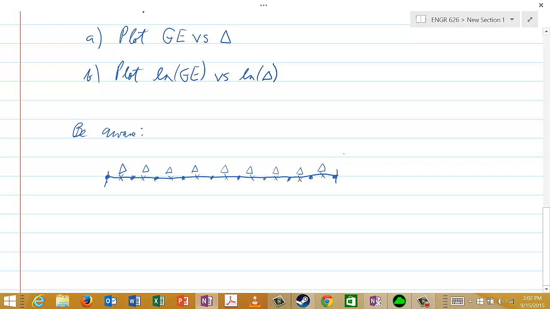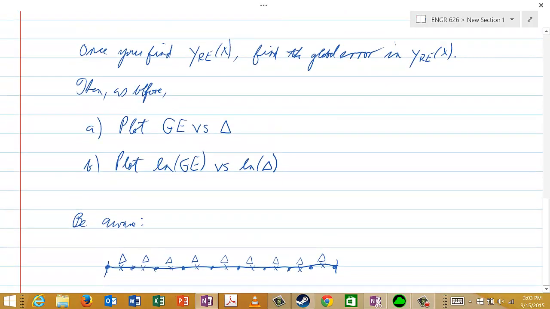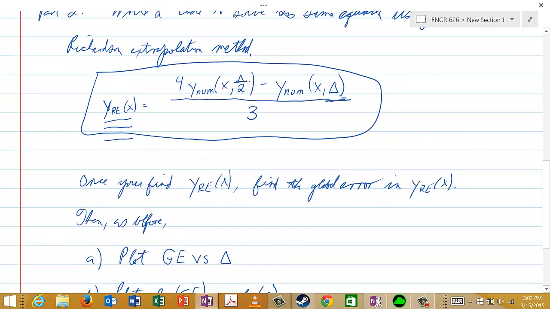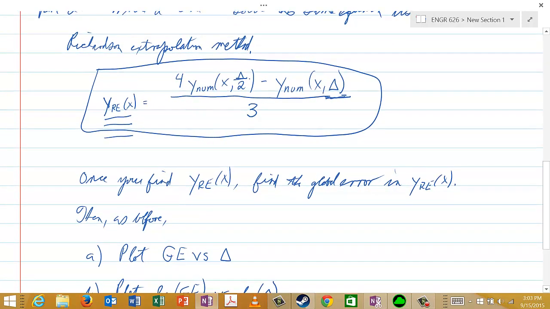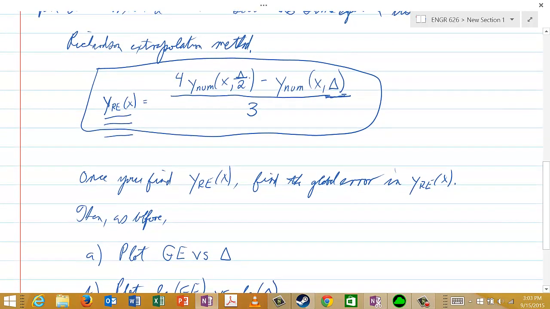But when you calculate the solution with 1/2 delta, you will get values not only at those solid circles, but also at the x locations. So when you then want to take a linear combination of the two solutions, how can you find out what this is? 4 times y numerical of x comma delta over 2 minus y numerical of x comma delta.